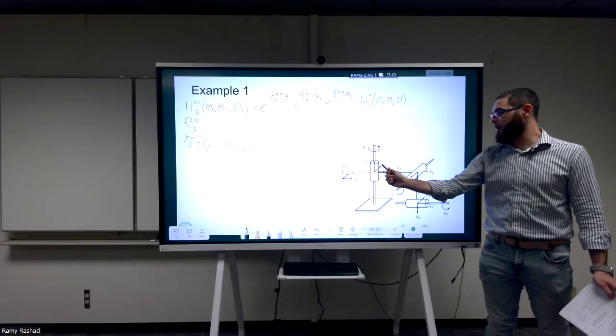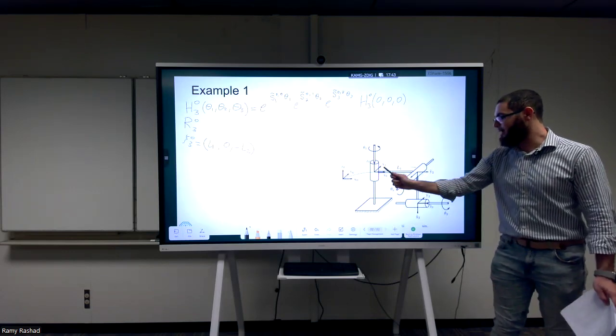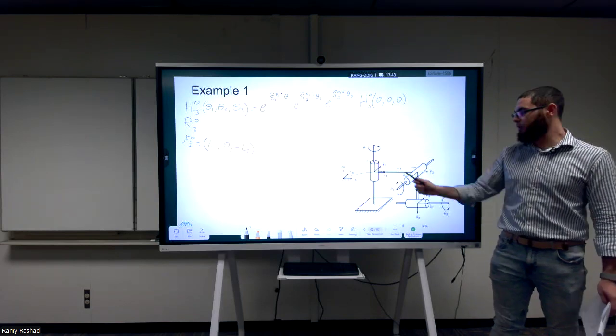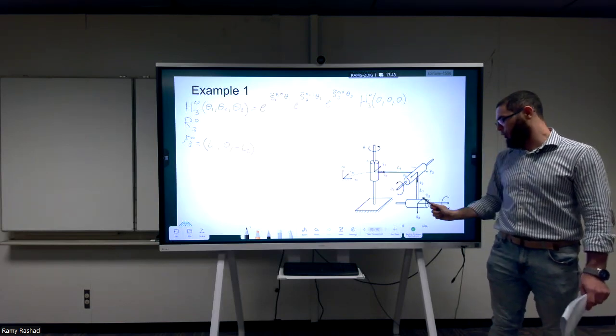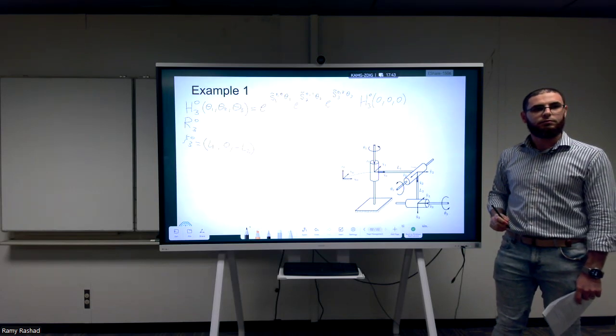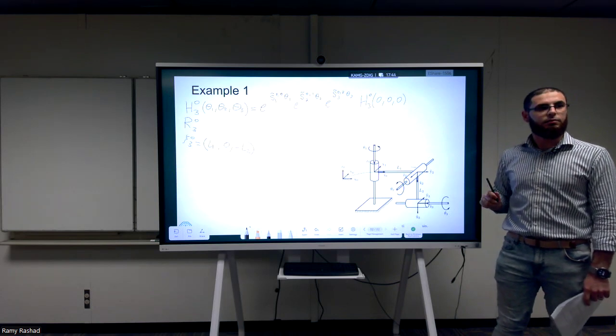I don't move in this direction. And I move in this direction by negative L2. So L1 in the X and minus L2 in the Z would make me reach from the origin of this frame to the origin of that frame. From 0 to 3. Yeah, that's right.